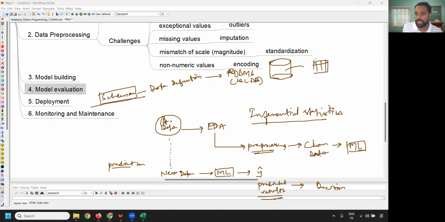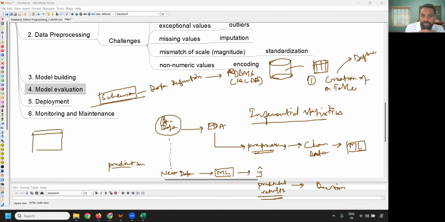But if you look at the process of managing data in databases, the first step would be creation of a table. Inside a database instance, we first have to create the table. When you're creating it, you are going to define the entire structure, the outline of the table. So you say, okay, this is a table, I'll give a name to this, Table 1. And in this table, I will have columns.